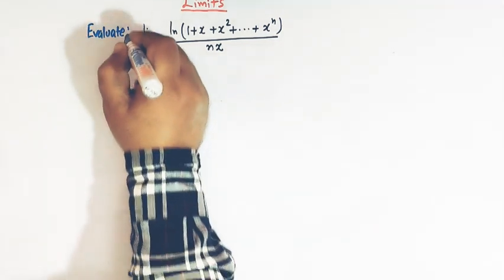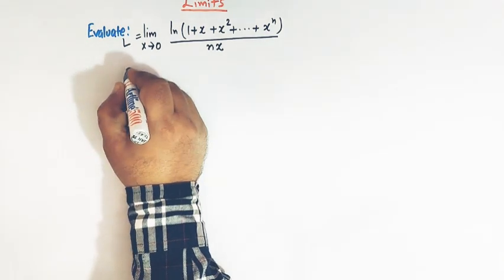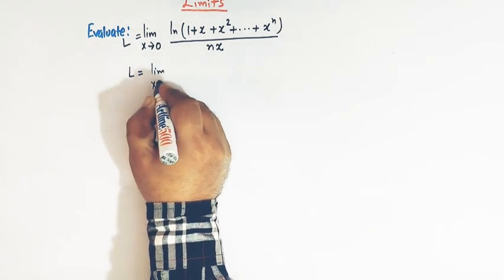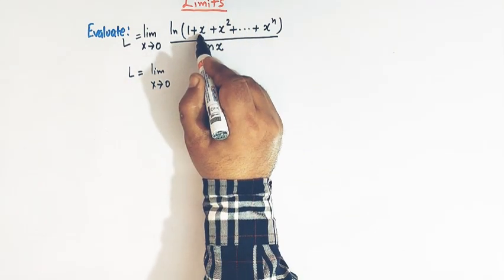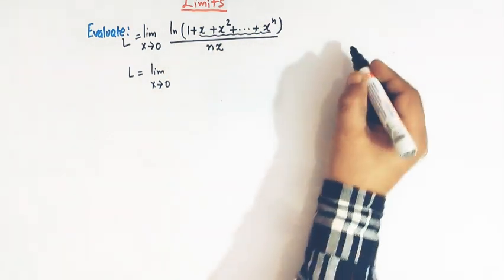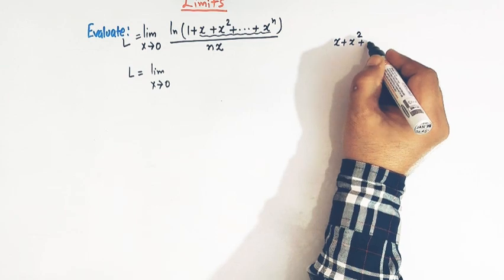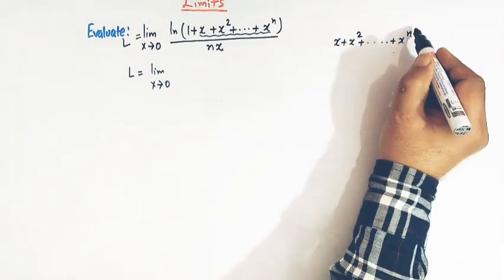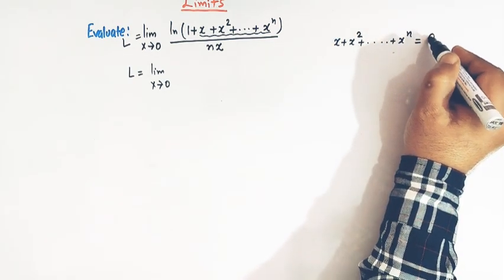So viewers, let us take this limit as L. Here we will write the limit as x tends to 0, and let us concentrate on this expression: x plus x square plus up to x raised to n. Let us assume this term as theta.